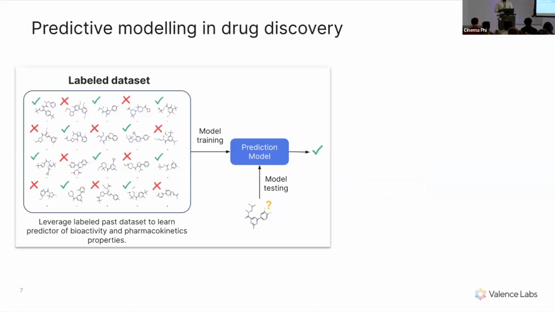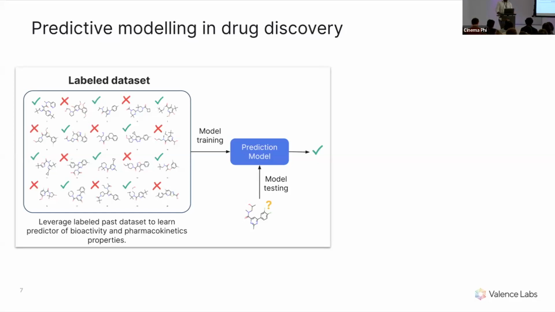Okay, so we know that we can build machine learning models. We just need some data, and simple as that. So people have been using machine learning in other fields for a while, like computer vision, NLP, on tabular data and such. So in our case, it's pretty much the same thing, right? We just need some labeled data, where we have some annotation of the molecule telling us whether that molecule is good, by that I mean active or inactive.